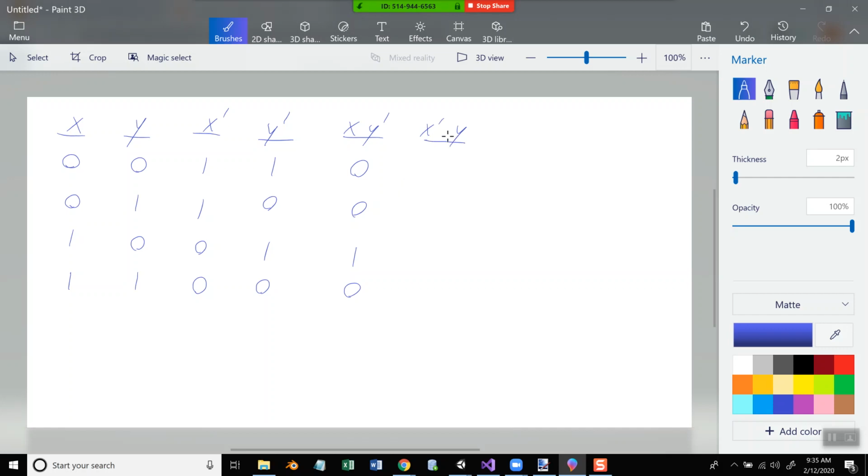So again, that's not x and y, and we choose multiplication. So we'll multiply this not x column by the y column. So 1 times 0 is 0. 1 times 1 is 1. 0 times 0 is 0. And 0 times 1 is 0.